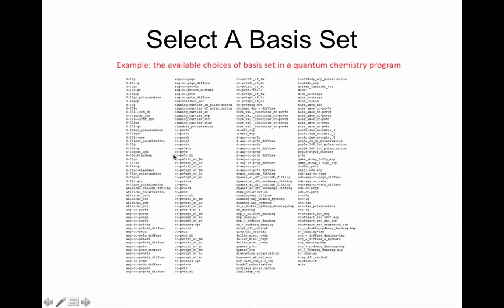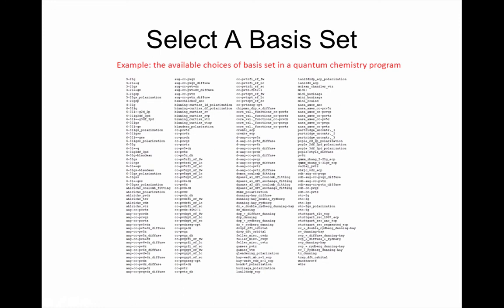CCPV5Z, I think it says here, is a specific combination of functions. And it is very important that we are able to look at these codes for the basis set combinations and then choose a basis set that actually fits what we are going to do.